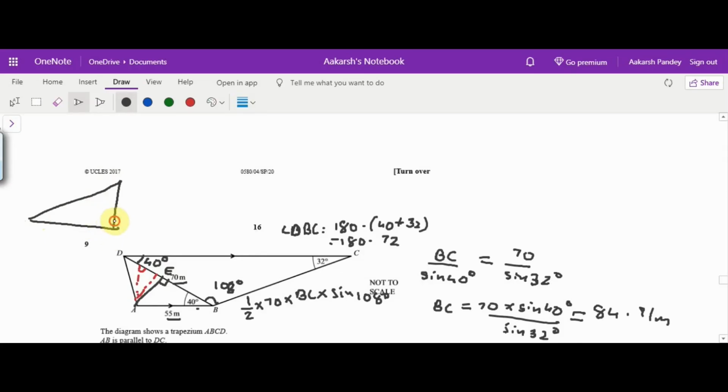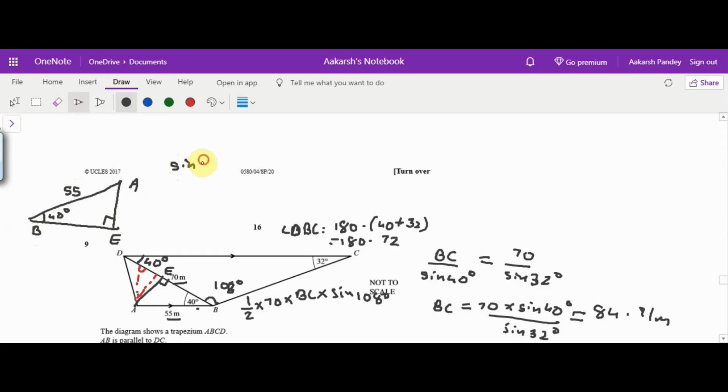I have a right angle at E. Then 40 degrees is the angle between B and A. AB is 55. I have to calculate AE.